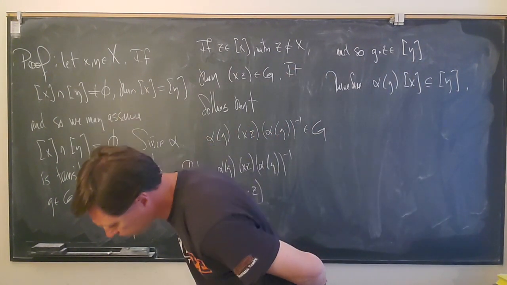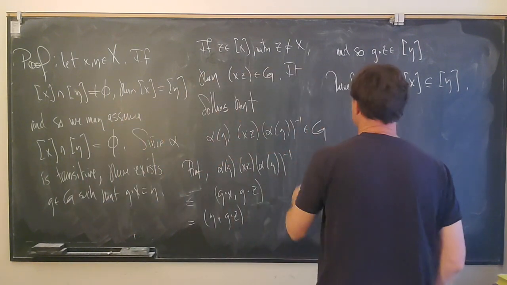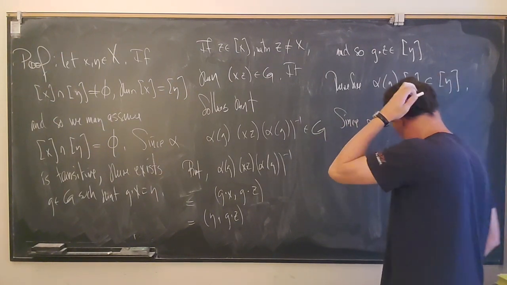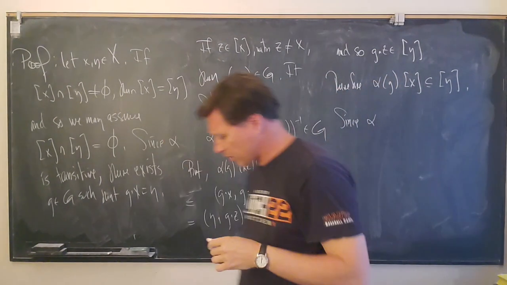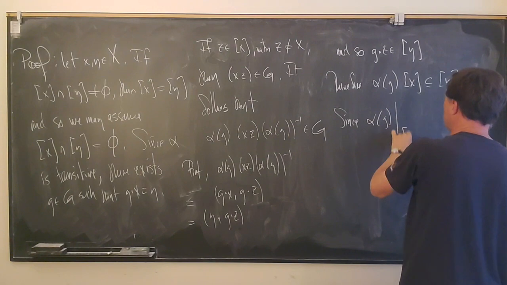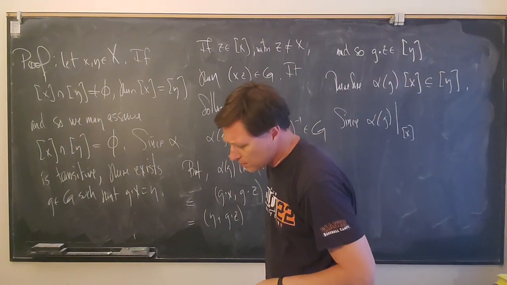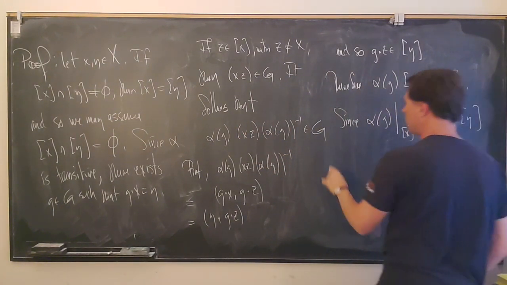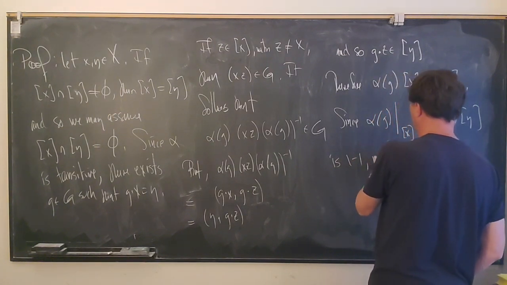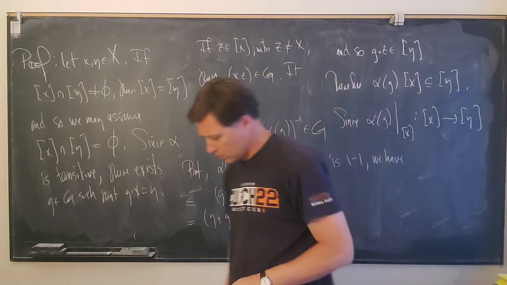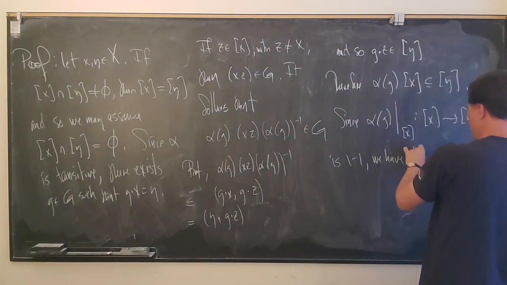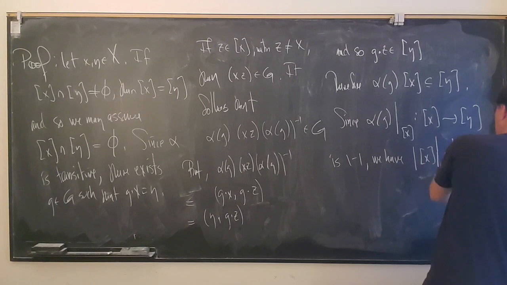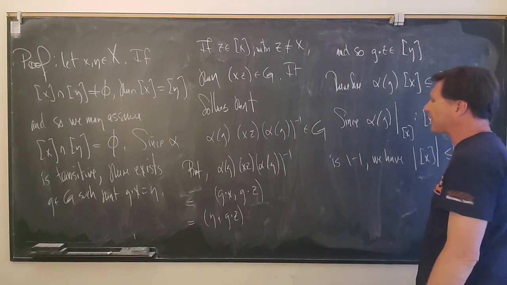Now, remember, we assumed that we had a faithful action, so since alpha of g restricted to the equivalence class of x, from the equivalence class of x to the equivalence class of y, is one to one, we have that the equivalence class of x has size less than or equal to the size of the equivalence class of y. Sorry, I got a little crossed up there.